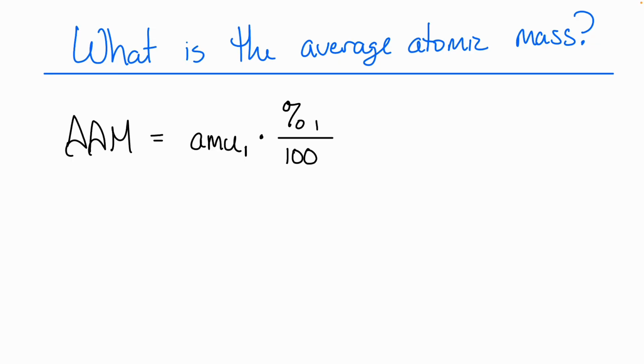They make us feel good and we have an easier time understanding them. But if you're going to use it in a math, you always got to divide by 100, turn it into a fraction. And then we're simply just going to take the mass of that second isotope, multiply it by the percent abundance of that second isotope, again, convert it into a fraction by dividing it by 100.